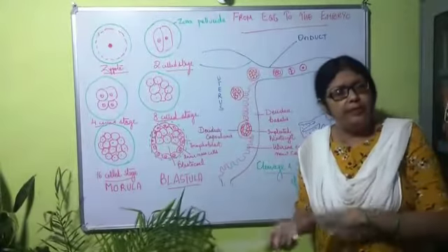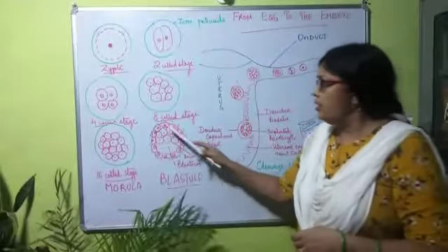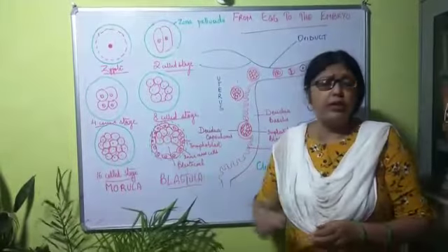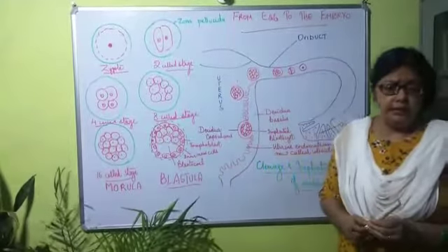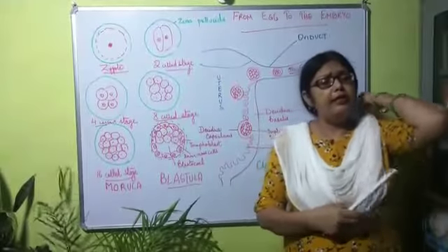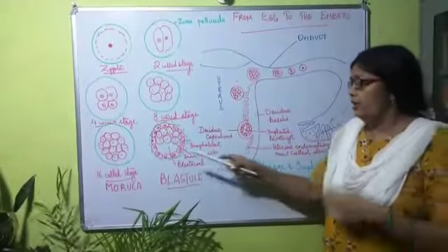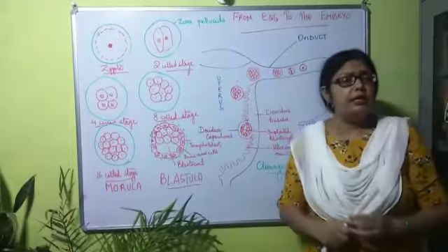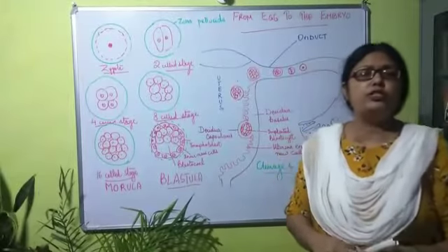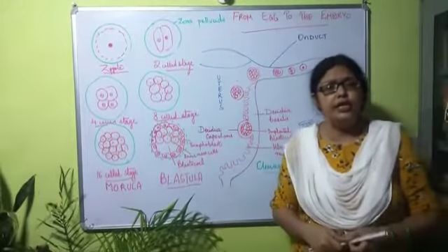So before developing into the blastula, this zona pellucida disappears. Then during implantation at this morula stage, it produces a hormone which is known as HCG.